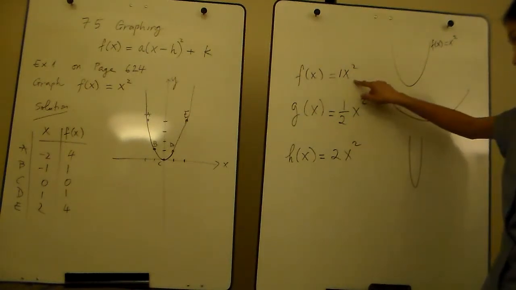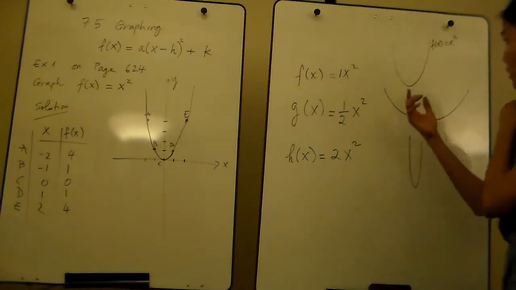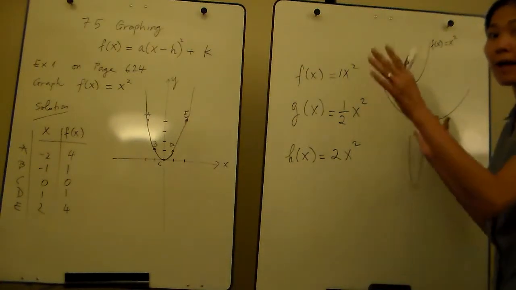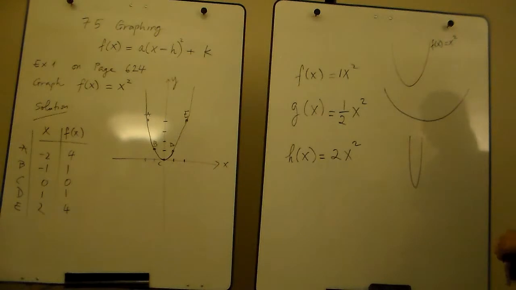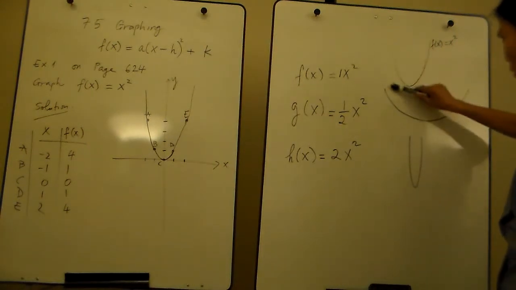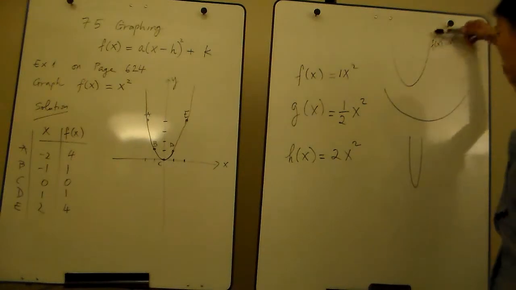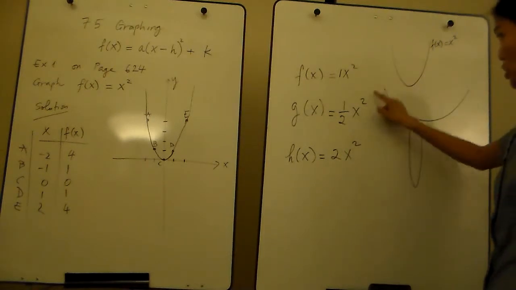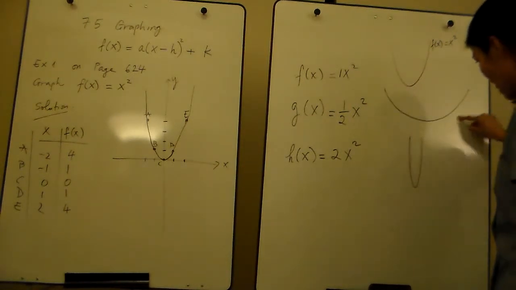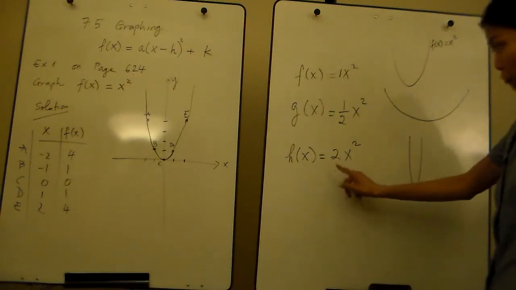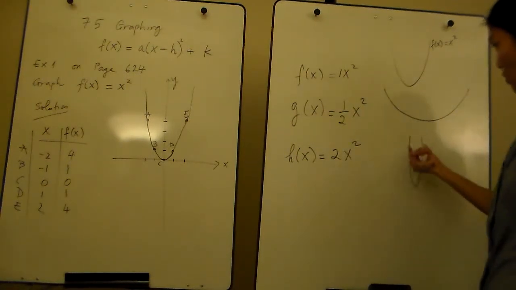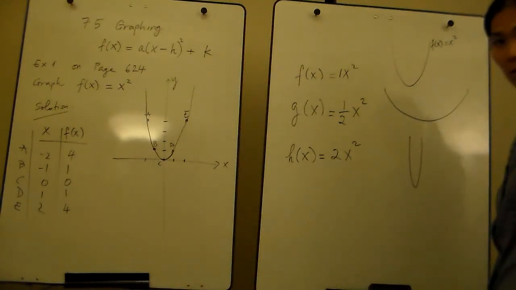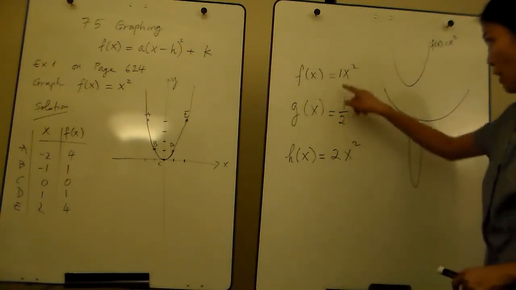The coefficient of x squared tells you whether the parabola opens up or down, and also how wide or fat the parabola is going to be. For x squared, it's somewhere average, not too big, not too small. When the coefficient of x squared gets smaller, you will have a wider or fatter parabola. When the coefficient of x squared increases, you will have a thin or skinny parabola.